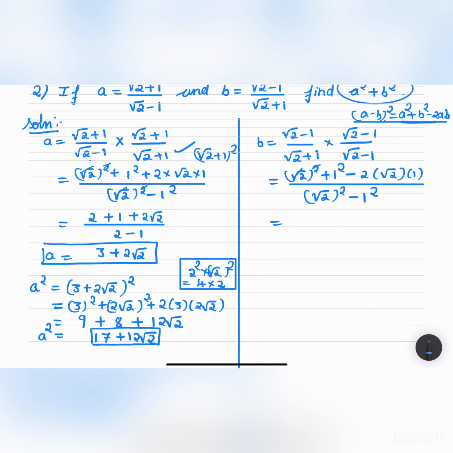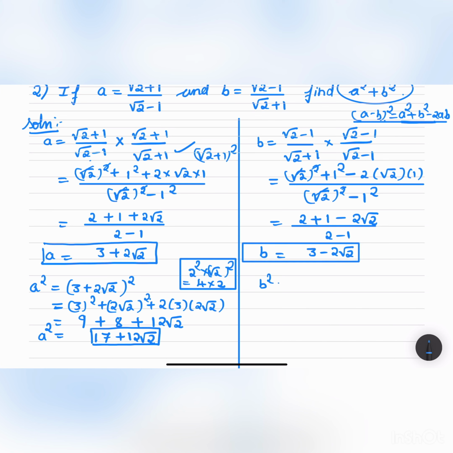Then here same thing, root and square will cancel. 2 plus 1, minus 2 ones are 2, 2 root 2, divided by, here it will be cancelled, 2 minus 1. This is equal to 3 minus 2 root 2 divided by 1. So B is this much. Now we need to find out B square. How do we do that?